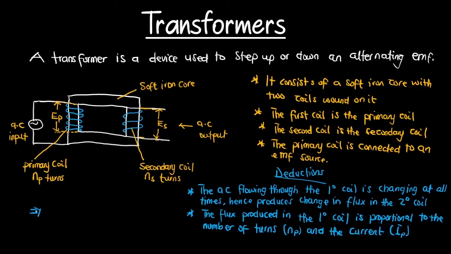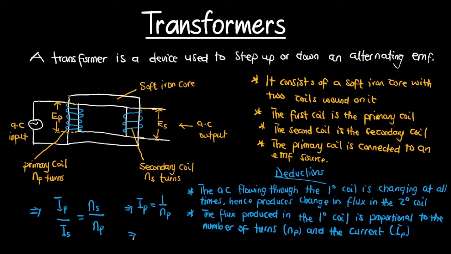We don't know whether they are directly proportional or inversely proportional, but let's look at it. So then the relationship is the current flowing through the primary coil over the current flowing through the secondary coil is equal to the number of turns in the secondary coil over the number of turns in the primary coil. Okay, now if you look at this, it is inversely proportional, which means that the current flowing through the primary coil is inversely proportional to the number of turns of the coil, right?